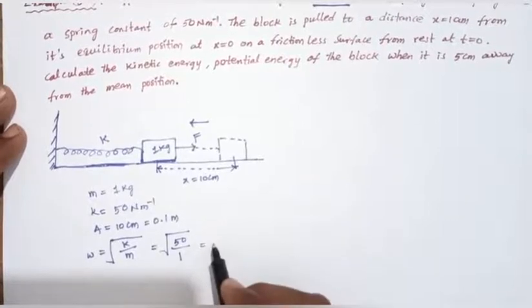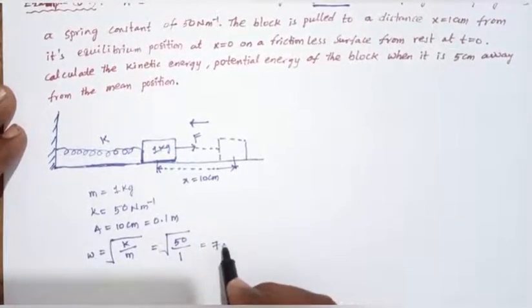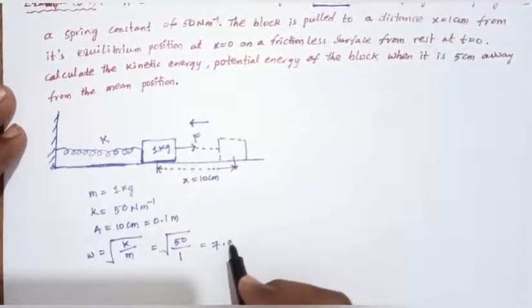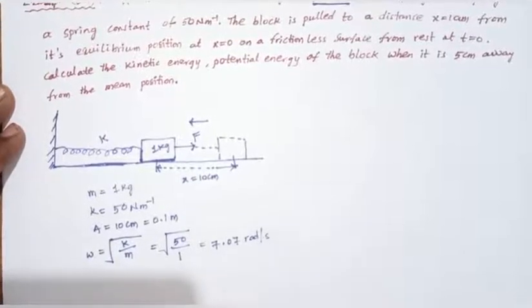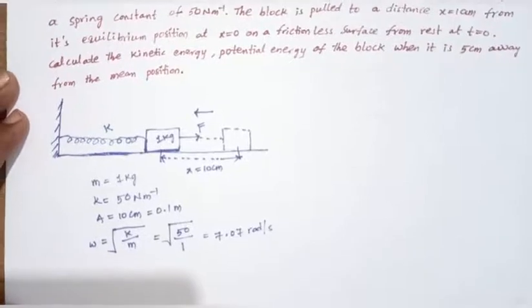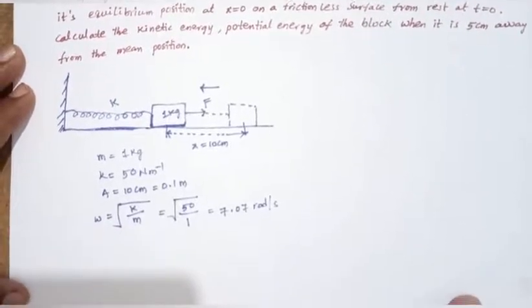That value is 7.07. What are the units? Radian per second.